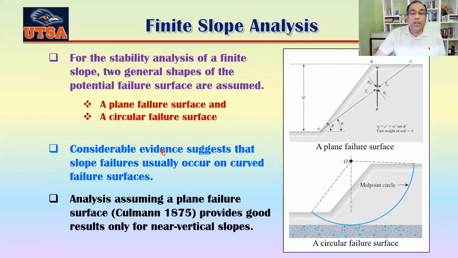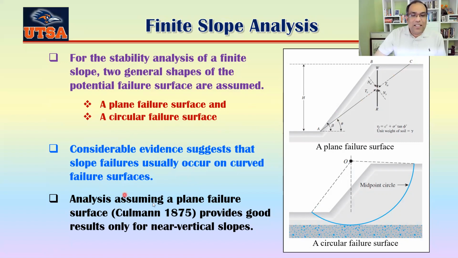So considerable evidence suggests that slope failure usually occurs on a curved or circular failure surface. A lot of observations from actual slope failures reveal that the failure occurs basically on a curved or circular surface, not a plane surface like this. Okay.